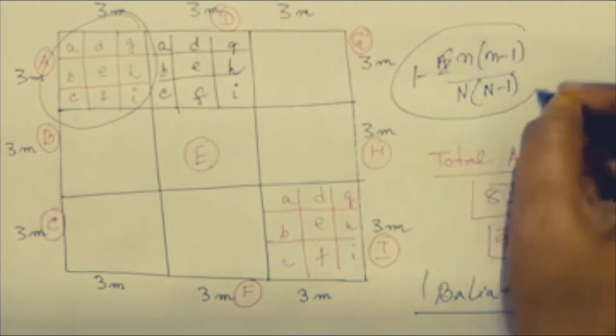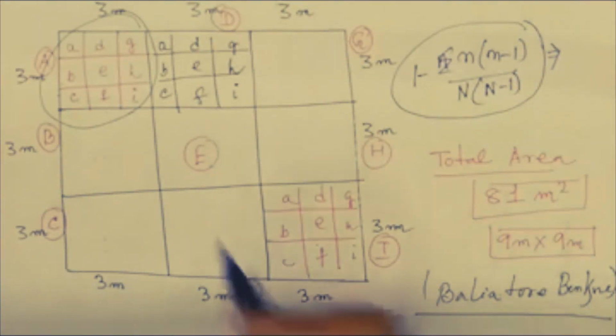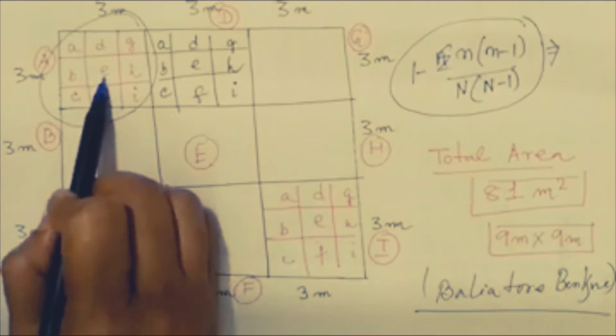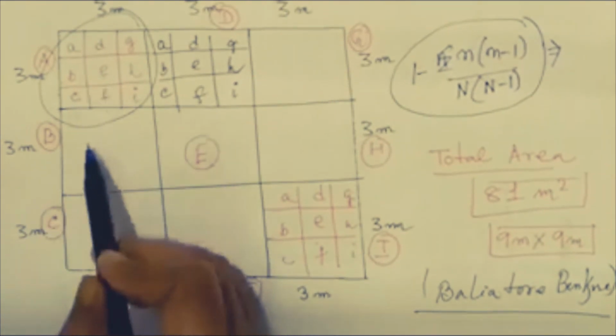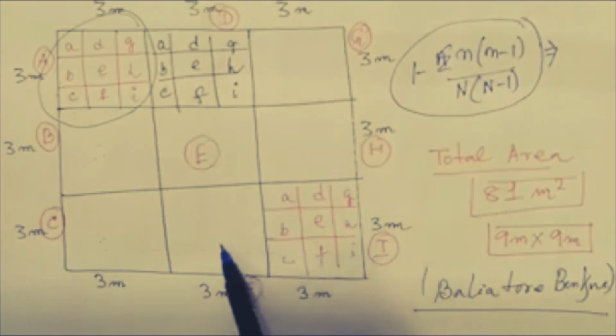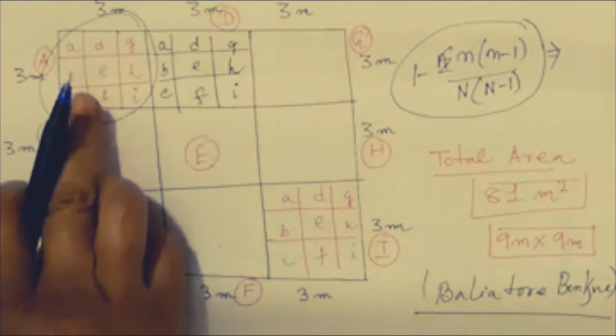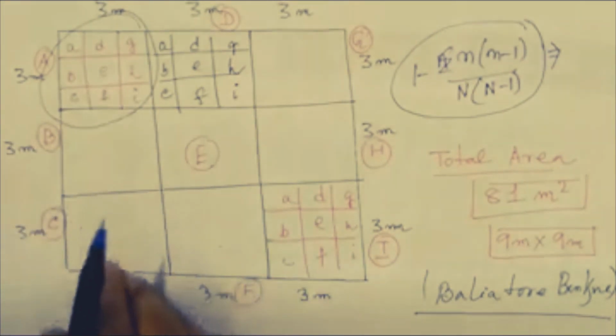This formula is repeatedly used for grid number A, grid number B, C, D, E, F, and so on, and you can get an index value for each and every grid.